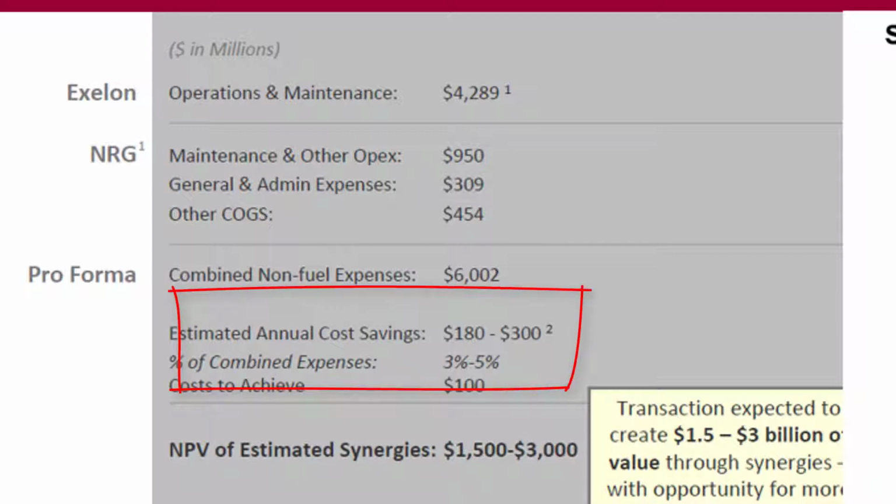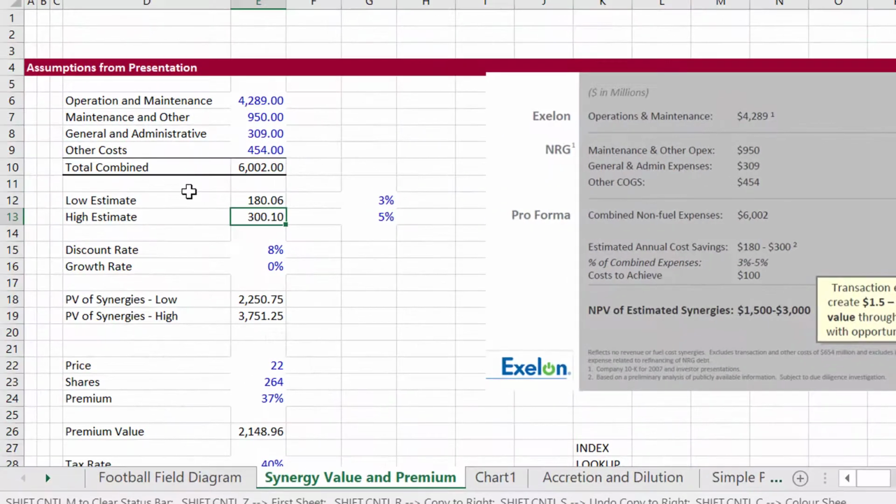If you take 3% to 5% of this, they're just using a little rule of thumb. Then if you use a 12% discount rate, you get this NPV of synergies.